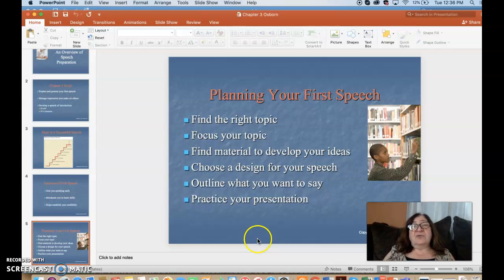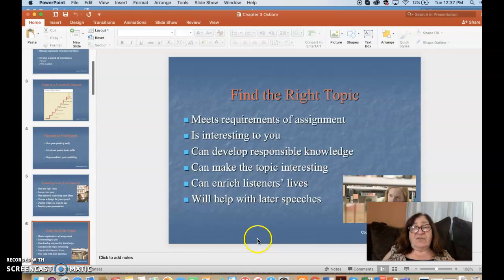But first, we need to find the right topic, focus on that topic, find supporting materials to develop your ideas and to prove that what you say is grounded in facts and research. Choose a proper design for your speech and outline it, what you want to say, and then write it out, fill it with words, practice those words, make sure they flow, and then deliver it.